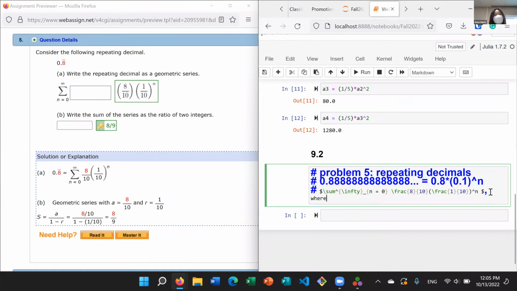What's my A? A is what? That's right. A is 8 over 10. Okay, and then what? R is what? That's right, 1 over 10.